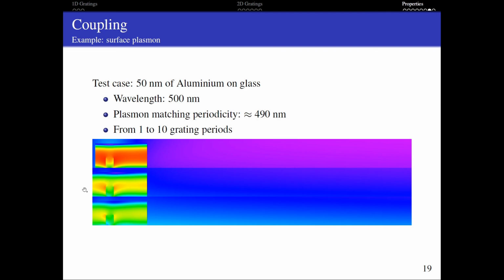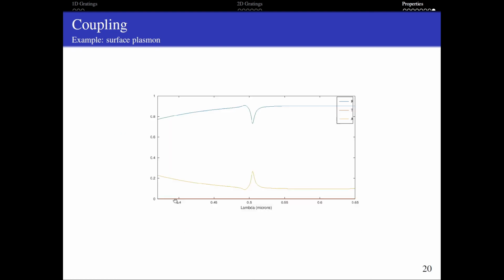I only show one, but there is another one here. And those 3 contribute to coupling to the aluminum surface, and we see the field that has propagated here. And in this case, I have 10 periods, and they couple even better than before, so that's why we have a stronger field along the surface here.